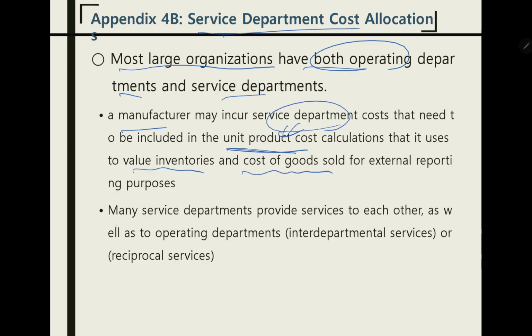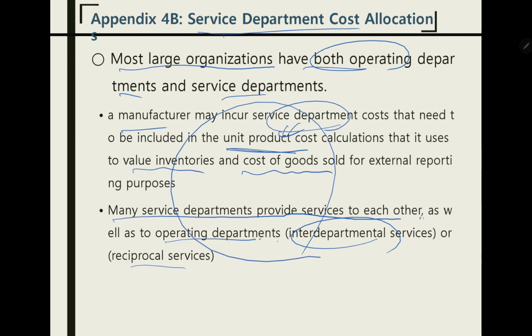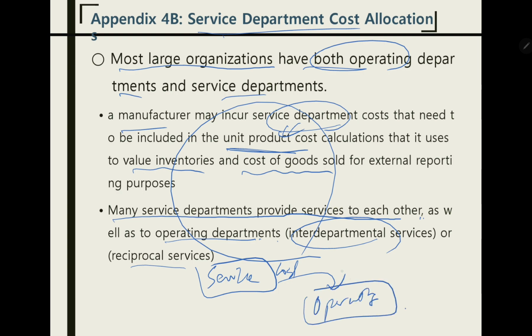Many service departments provide service to each other as well as to operating departments, so they are called interdepartmental services or reciprocal services. In this regard, the service department costs are allocated to the operating or manufacturing departments.